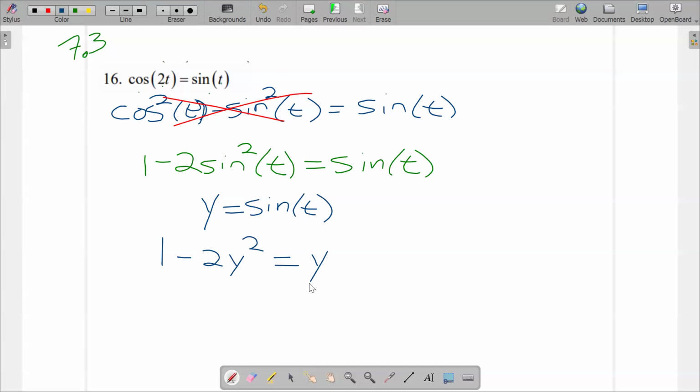And then I mentioned before, with factoring, sometimes if there's cosines and sines, I'll replace sines with y's and cosines with x's and see if that helps me with the factoring. So here, I think I'm going to bring things to the right side, so I'll have a positive y squared. So I'm going to add 2y squared to the other side, and then subtract the 1 over the other side.